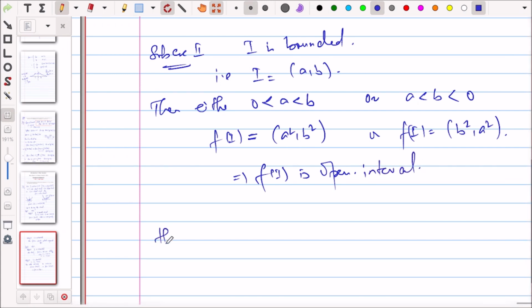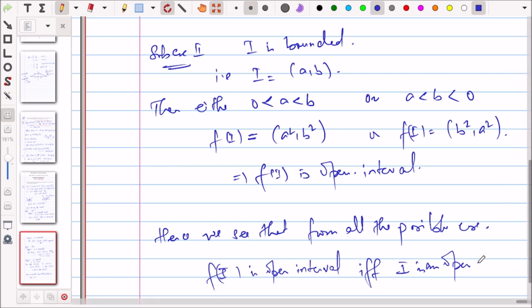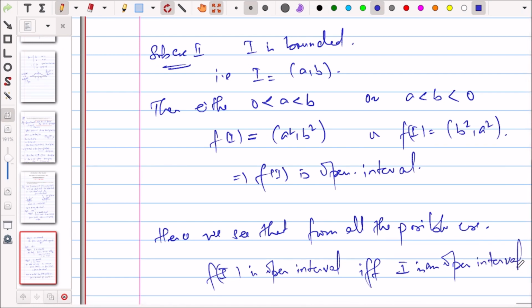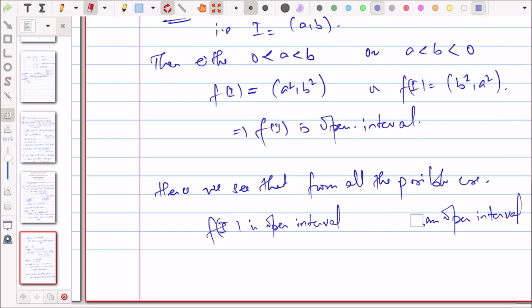So hence we see that from all the possible cases, f of I is an open interval if and only if I is open.